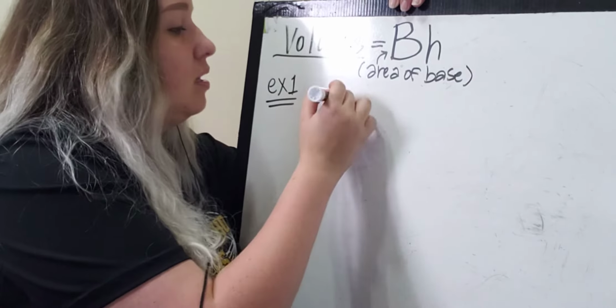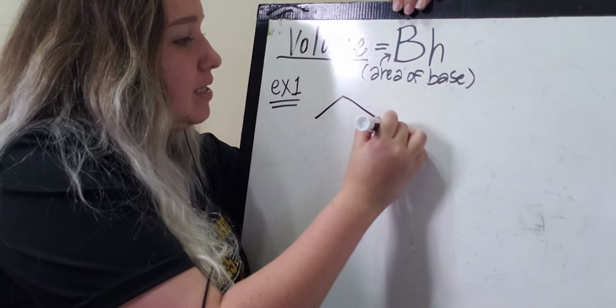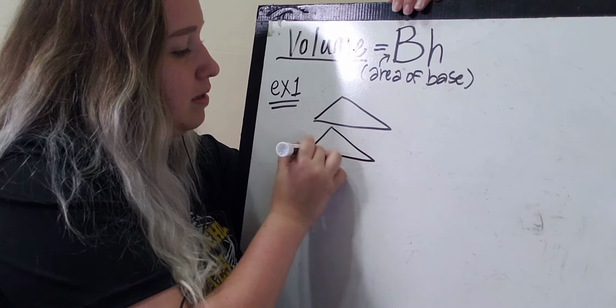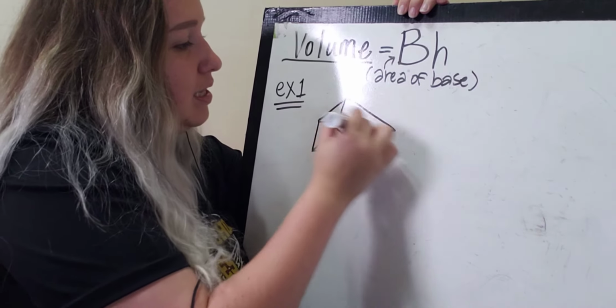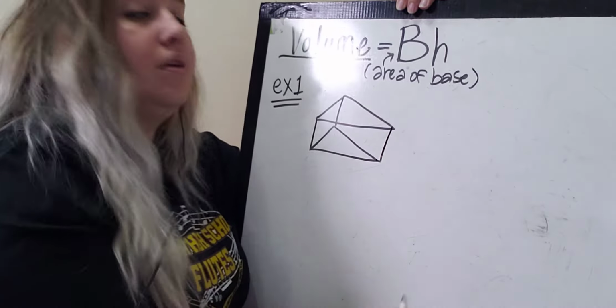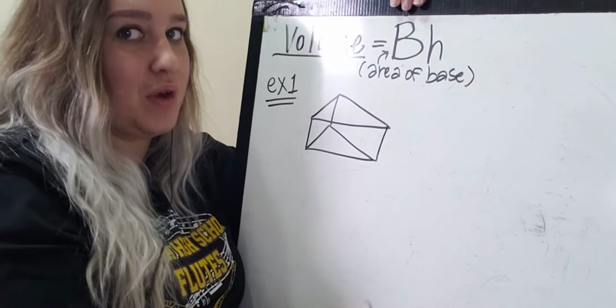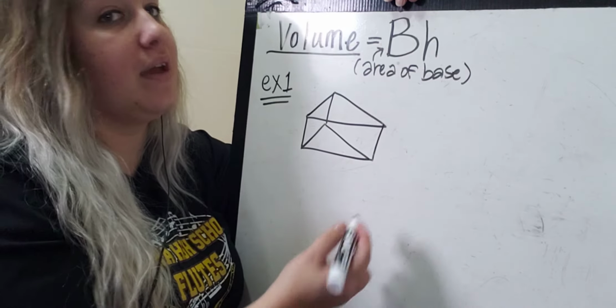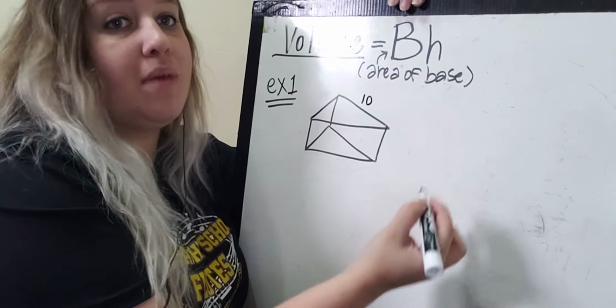So let me draw this the best I can. It looks like this. Try your best to draw this piece of cheese because that's what it looks like, while I put all the measurements on it.